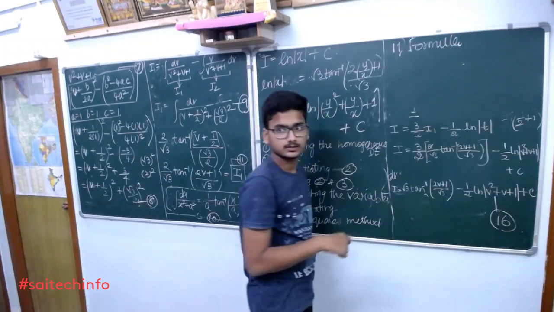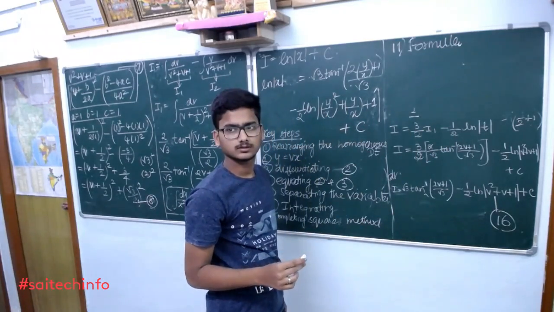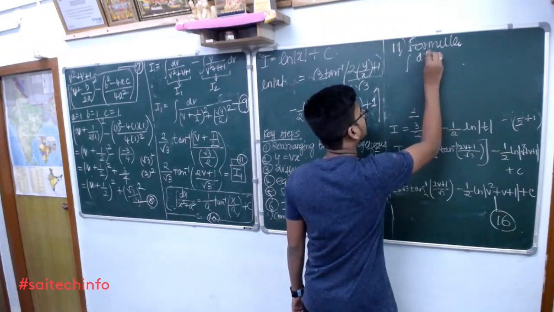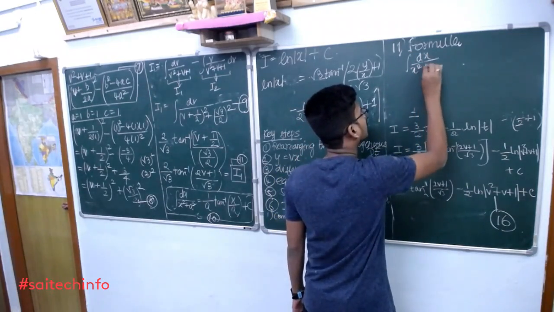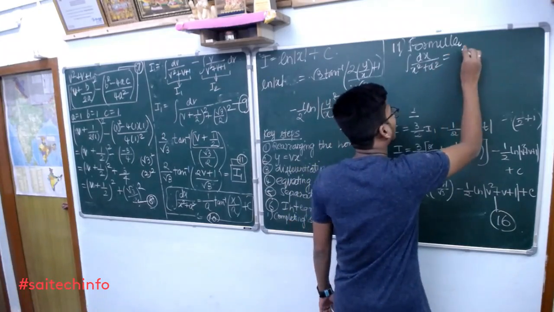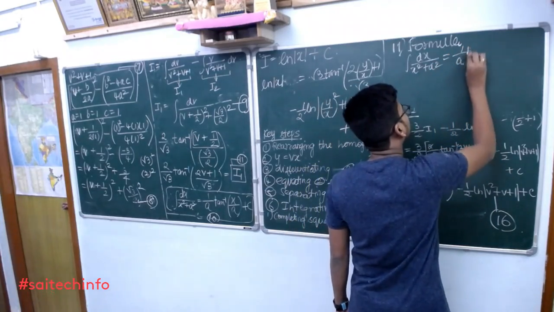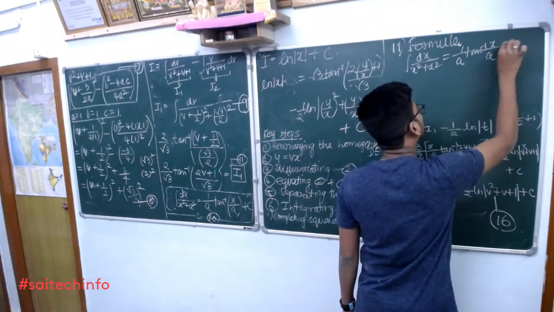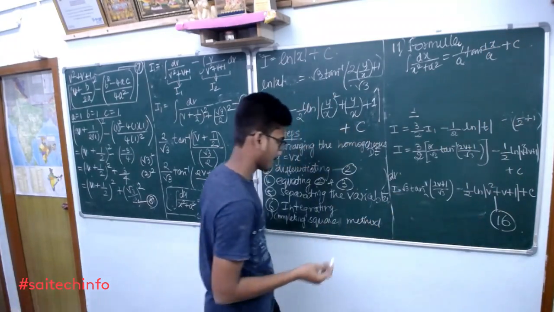You need to mention it. You can mention that integral dx by x square plus a square is a very important formula. You can also introduce completing the square method formula, so that will be very useful for us.